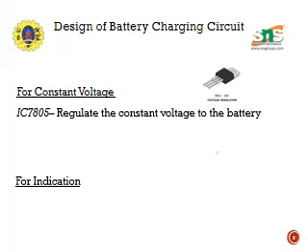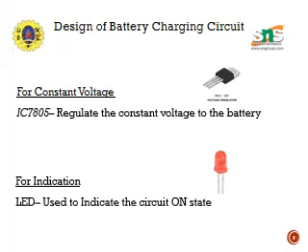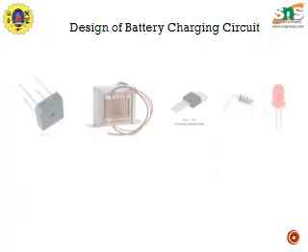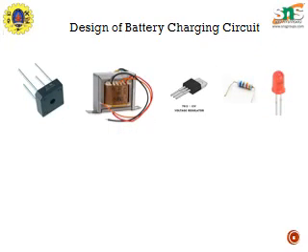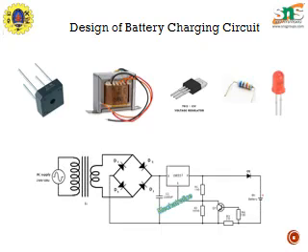For indication we are using an LED. All the devices together form a simple electronic circuit, that is the battery charging circuit. The input of the battery charging circuit is 230 volt fluctuating AC supply. The output is 5 volt unfluctuating DC, direct current.